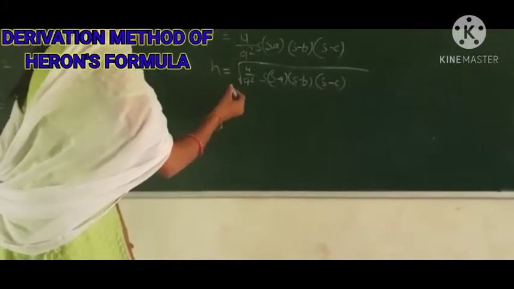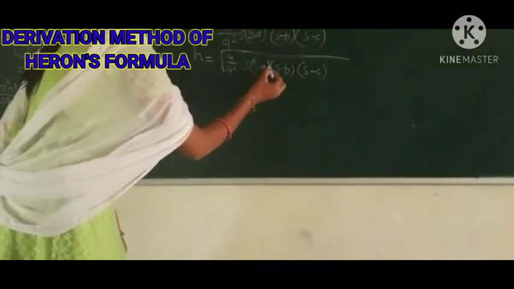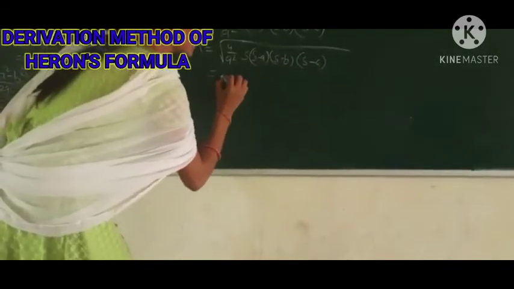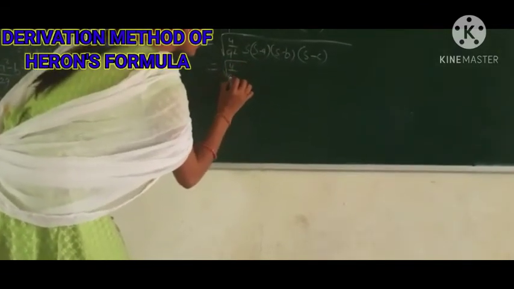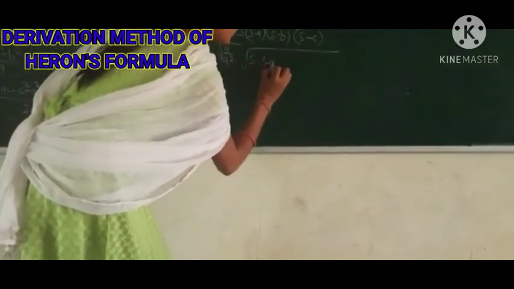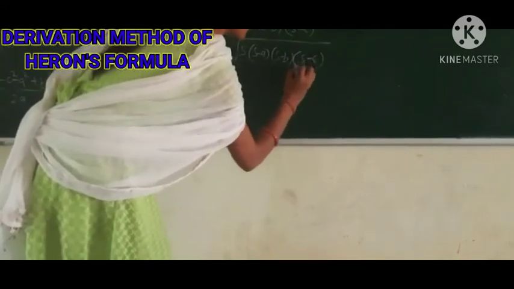So h square is, under root, 4 by a square, S(S minus a)(S minus b)(S minus c), and here we get root 4 by a square and root S(S minus a)(S minus b)(S minus c).